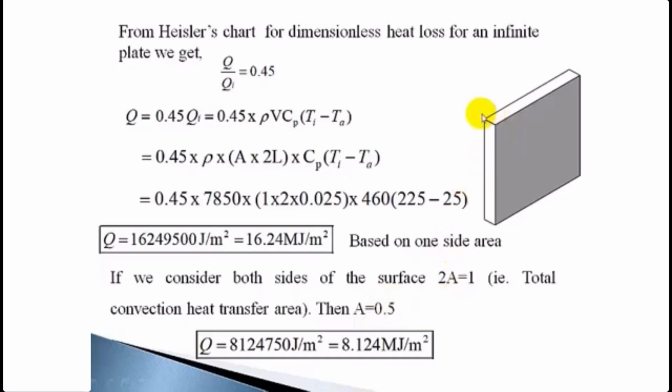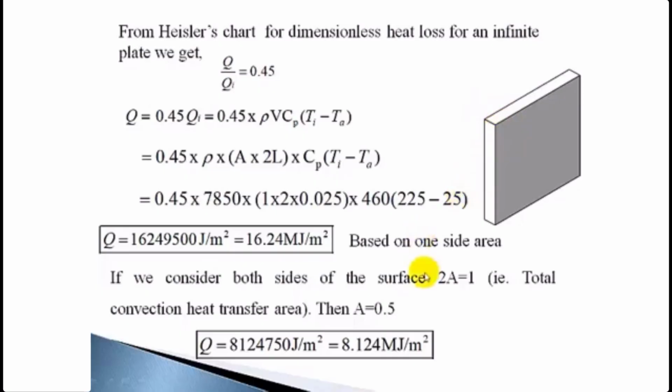Here 0.5, the other side also 0.5, so totally you will get unit convection area. Whereas this is based on one side area, per unit one side surface area, so much is the heat lost. If you take the convection area, per unit convection area, you take half here and the other side also half, totally 1 meter square area.